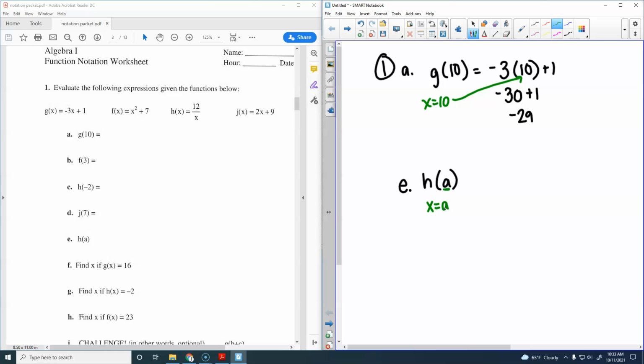And we're going to put an a where the x is at. So the equation is 12 over x, but we are going to put an a where the x is at. So it just replaces the x with an a. You can't divide 12 by a, so you're just going to leave this like it is. Okay, so if you don't have that already, make sure you're putting that down for E.